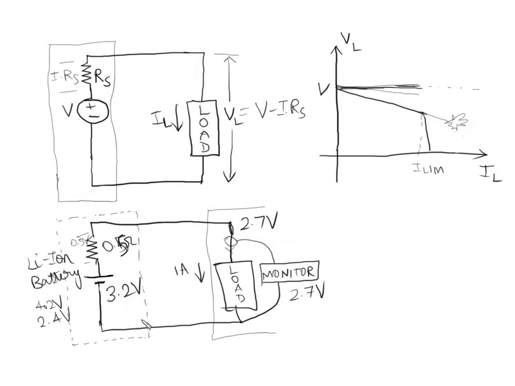So this is actually the reason why your phone runtime drastically reduces as the battery ages. Even though your battery has been discharged only down to 3.2 volt and it potentially still had some charge capacity left in it, because of this increase in the series resistance, you will not get to use it.